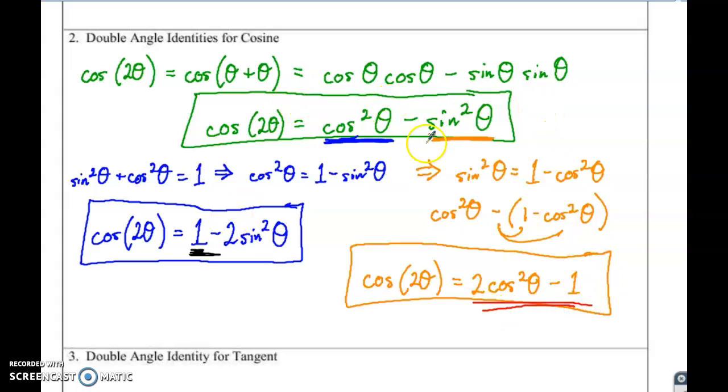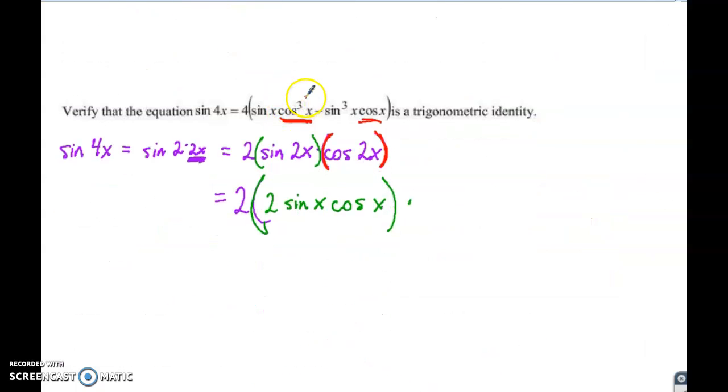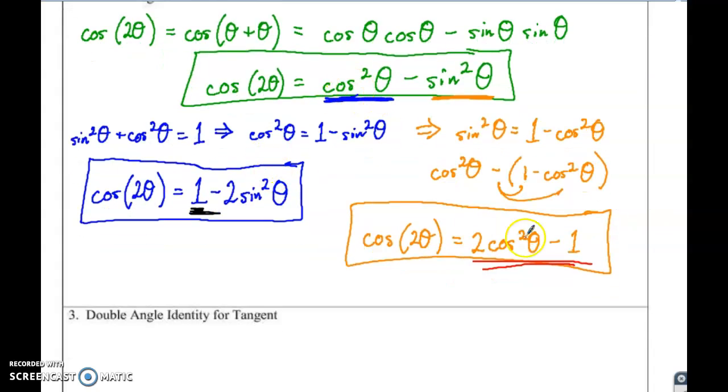Now you can pick these other 2, but I think the orange one is the way to go, because as I look at the final answer, I have a cosine cubed and then just a cosine here, which is pretty close to cosine squared minus 1. So that's what I'm going to do. 2 cosine squared of x minus 1 is equal to cosine of 2x. Again, I just picked one of these three, but I strategically picked this one because it looked nicer for my final answer.